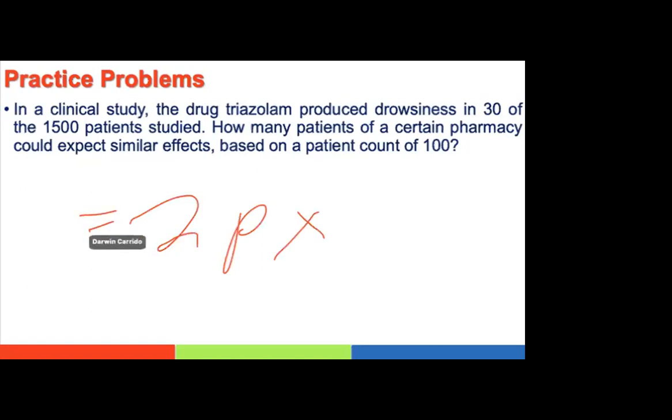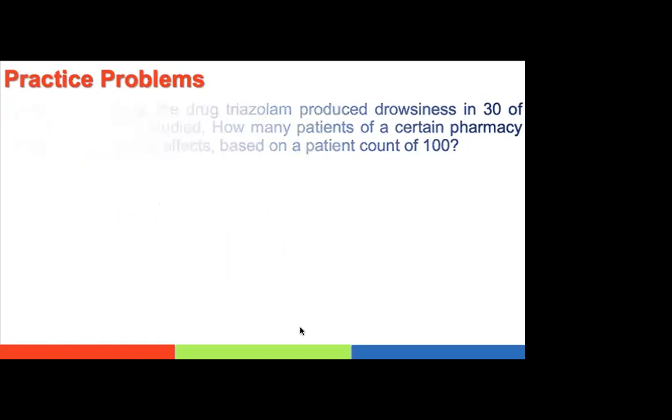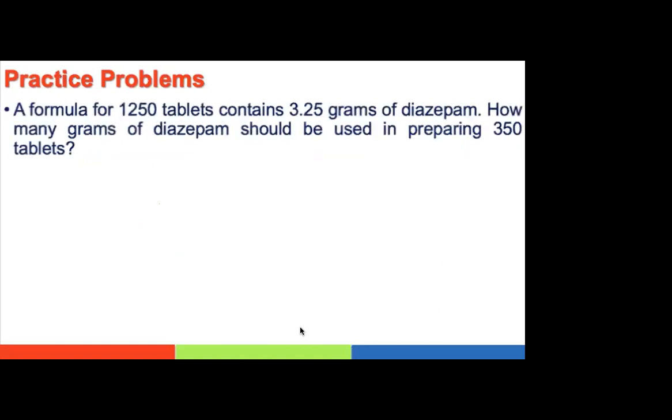Use the ratio and proportion method as well to get the correct answer. One more problem in ratio and proportion. A formula for 1,250 tablets contains 3.25 grams of diazepam. How many grams of diazepam should be used in preparing 350 tablets? So how do you compute that?